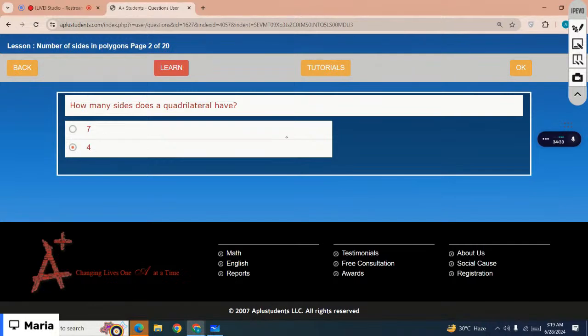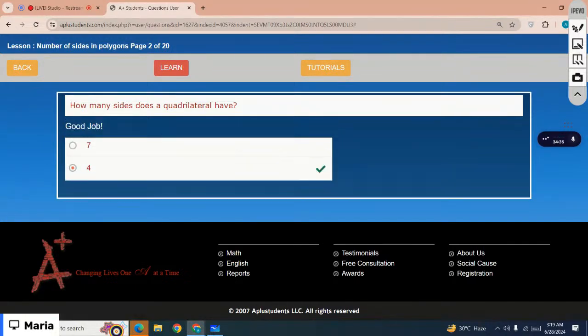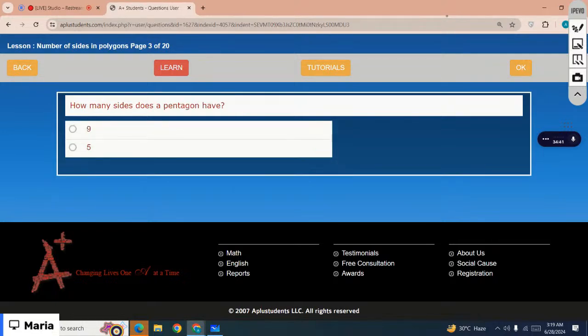The correct option is four. How many sides does a pentagon have? Which is the correct option?